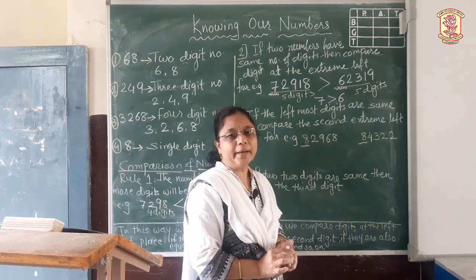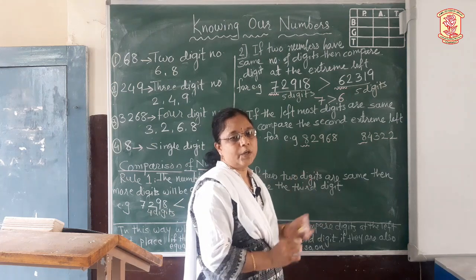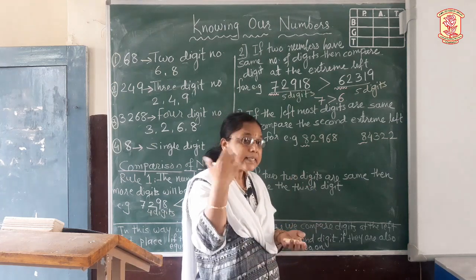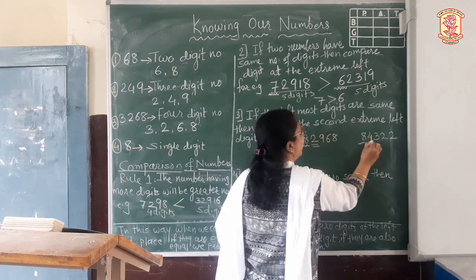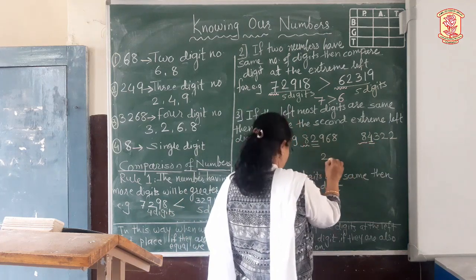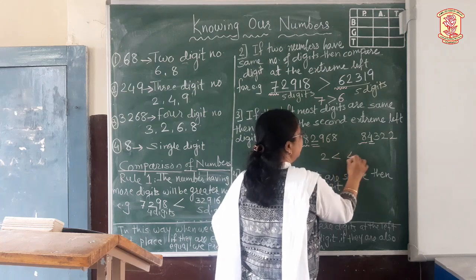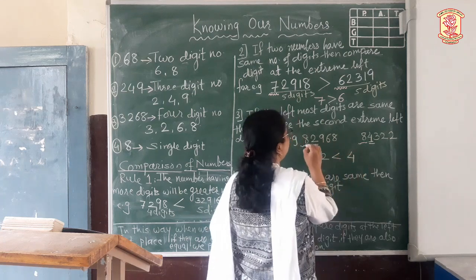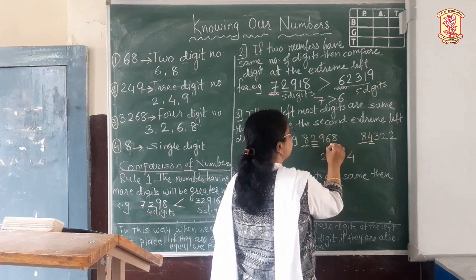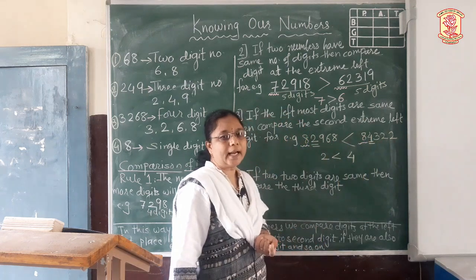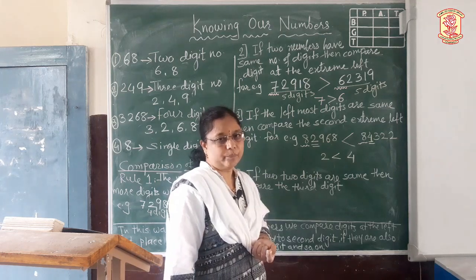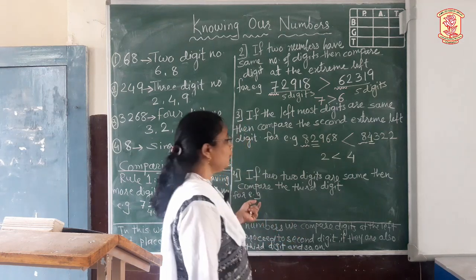We cannot compare. It is equal. So we have to think for the second extreme left digit, that is 2 and 4. So 2 is smaller than 4. Therefore 82,968 is smaller than 84,322.